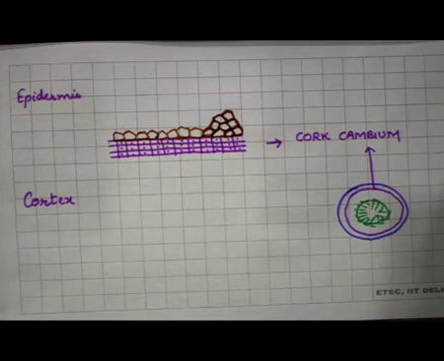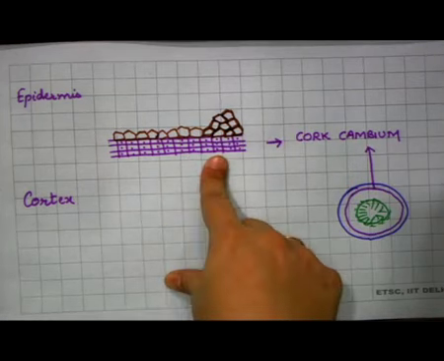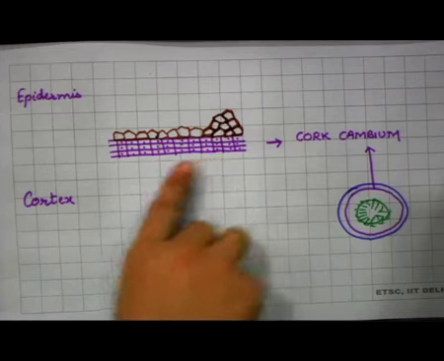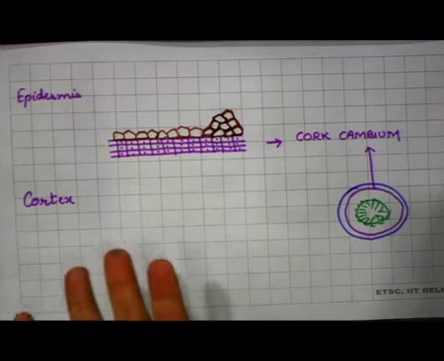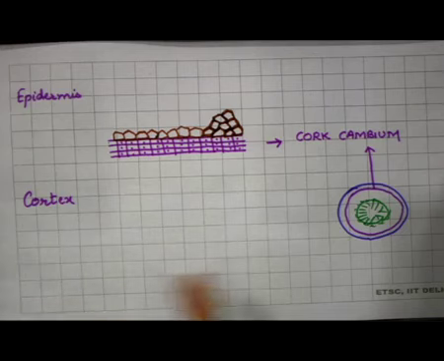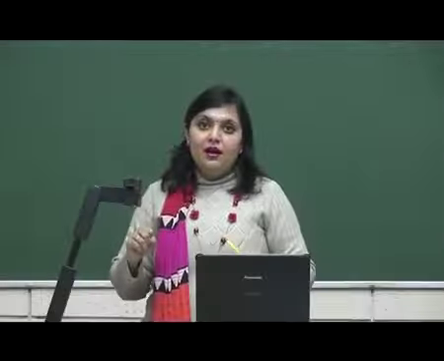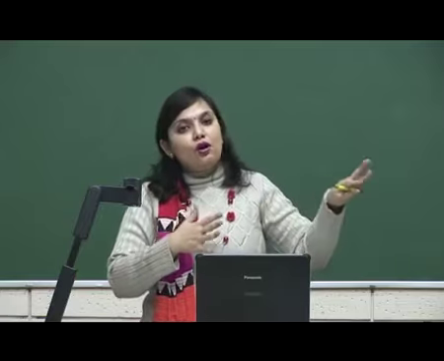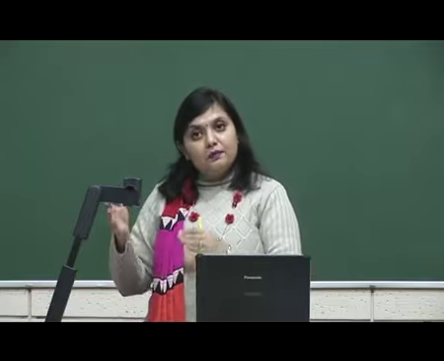And you know what? We use colors also in the paper, not to make our diagrams aesthetically appealing and beautiful. No, we use colors because we are using them for coding our diagrams. That brown color here represents cork and the pink color here represents the cork cambium, so on and so forth.